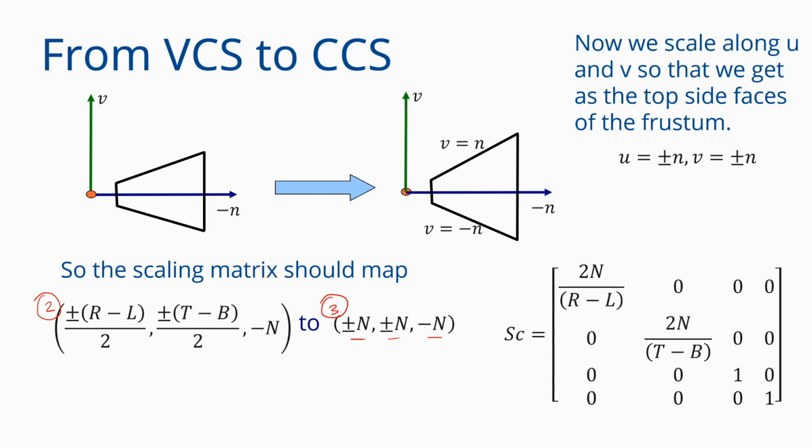And again, by inspection, you can form this scaling transformation and see that the scaling parameters in u and v are going to be 2n by r minus l and 2n by t minus b. Okay. So after applying this scaling transform, you have a further regularized view frustum. This is the second step.